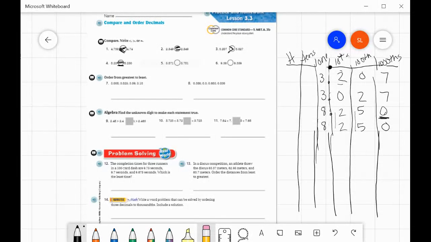All right. Next one, 5.871 and 5.781. Okay, we look at the 5s. They are the same. We look at the 8 and the 7, and we have the 8 is larger.